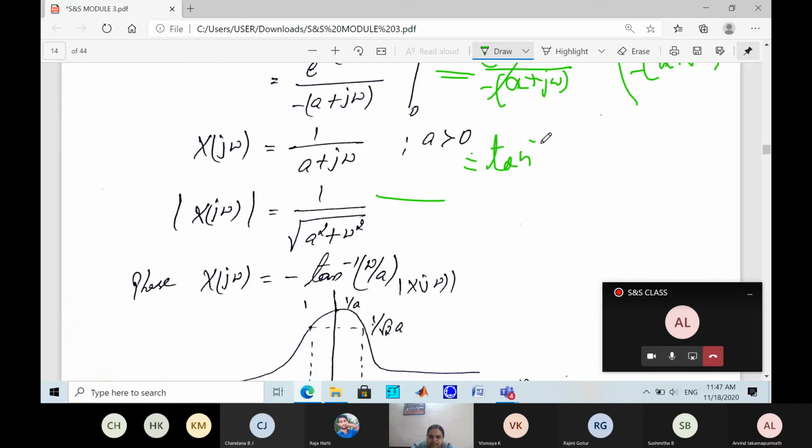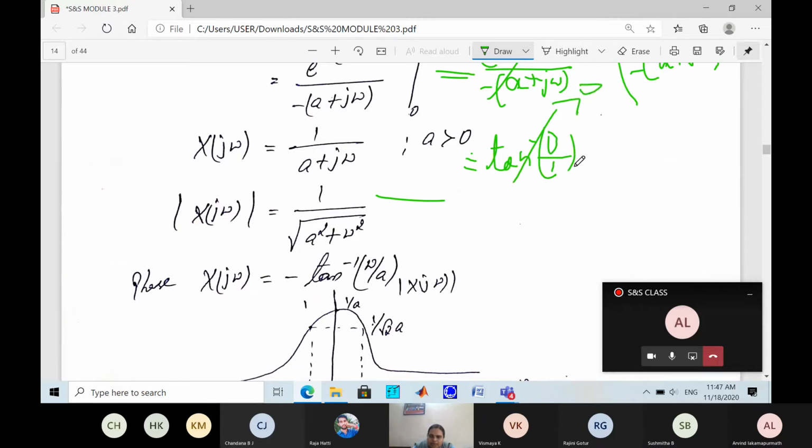Real part is a, imaginary is 0, imaginary divided by real, right? 0 by 1. What is the value? It is 0, right? The whole will be 0.